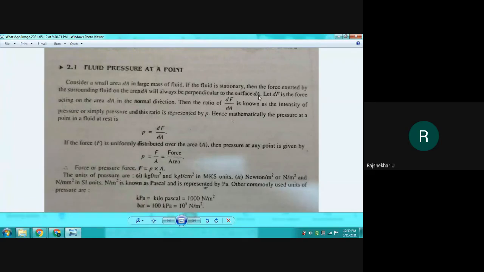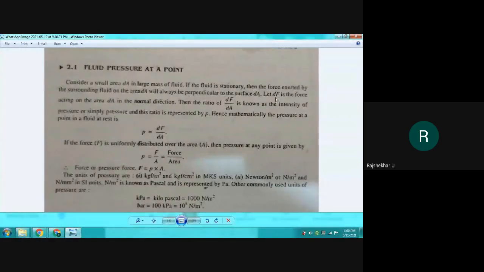So at any point you take a fluid particle, the force acting on the fluid particle will be perpendicular. You can consider it like a small dot or a small circle. Usually if the force is considered on a bubble or a circle, it will always be perpendicular.